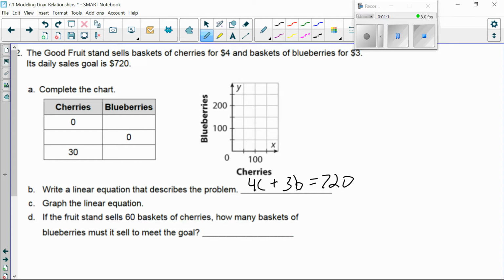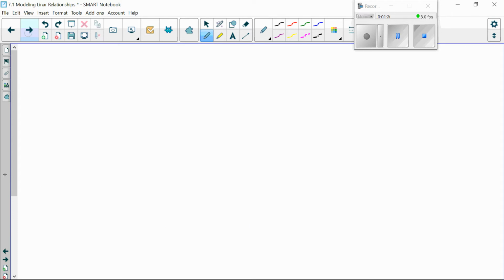Now, first I'm going to plug in 0 for my cherries and then plug in 0 for the blueberries and see what I get. I'm going to rewrite my equation and plug in 0 for cherries.